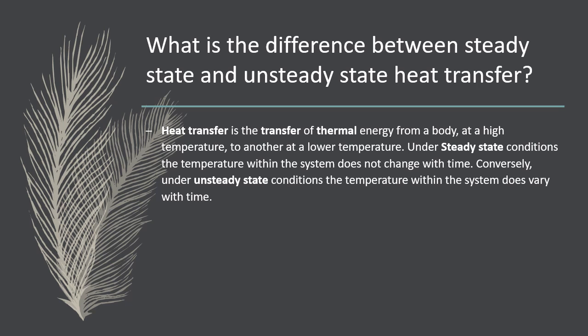Conversely, under unsteady conditions, the temperature within the system varies with time. In steady state, the temperature difference between the bodies does not change with time. The heat transfer is constant and the temperature remains constant. Whereas in unsteady or transient state, the temperature changes with respect to time.